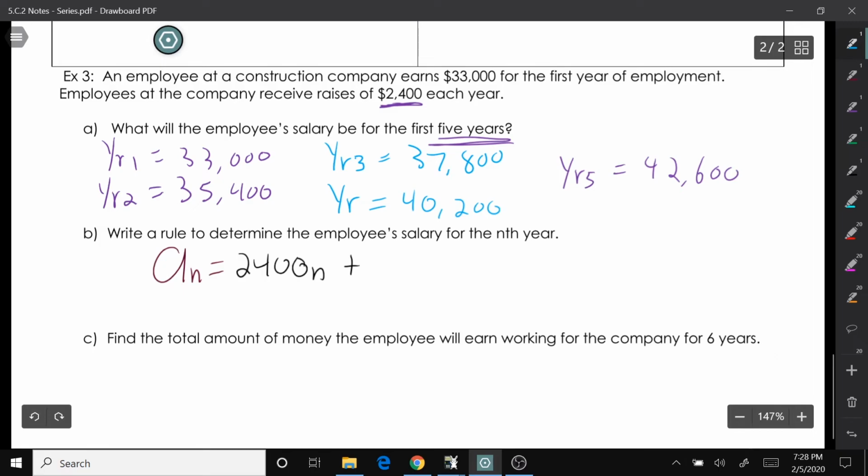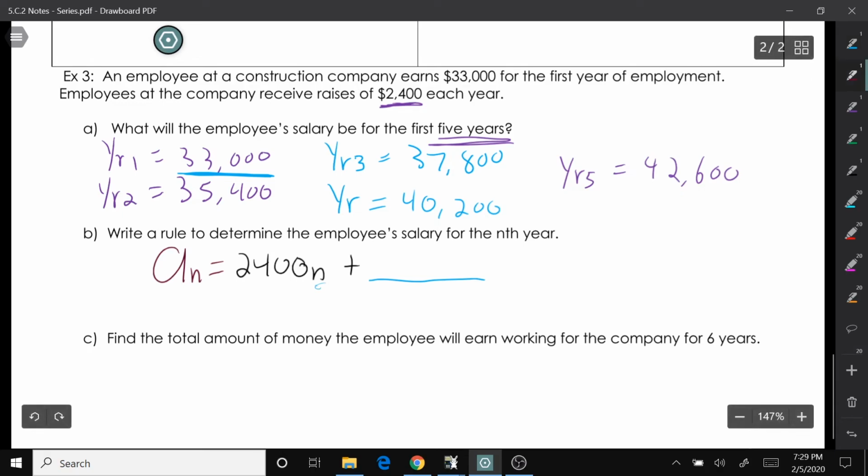Well, in year 1 we got $33,000. That's not our y-intercept, because if we plugged in 1 for n, we would not get $33,000, which is what we want to get because that's what the problem says up here. So we want a y-intercept that when I plug in 1 for this function, we get $33,000.